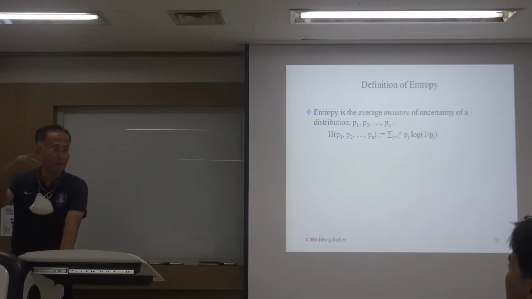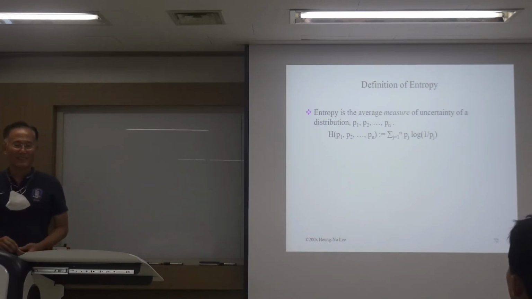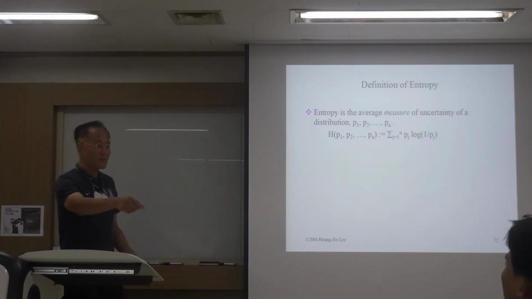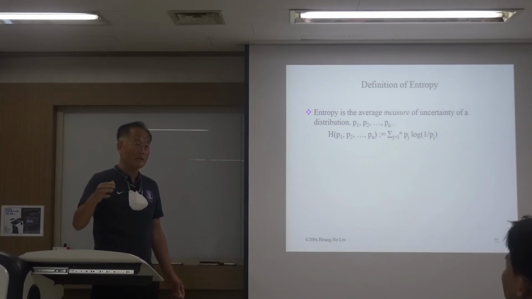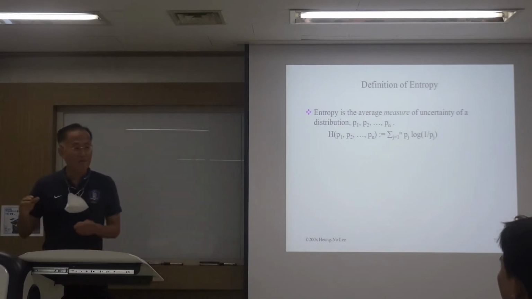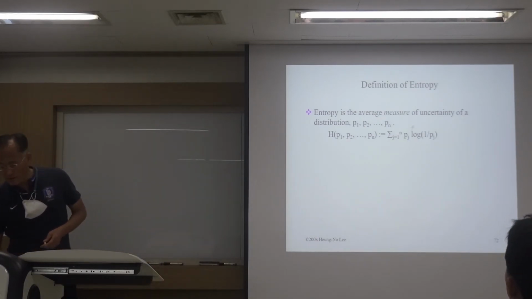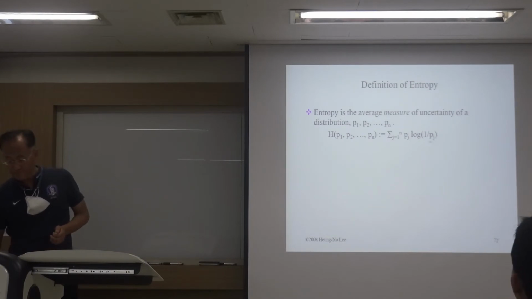Entropy in the previous page was what? Can it be a negative number? Non-negative, right? So what is this doing? That is the information that we defined on the previous page, log of 1 over pj, which is non-negative. Then you multiply each one by pj and take the summation.